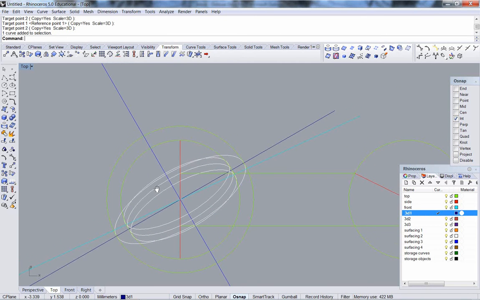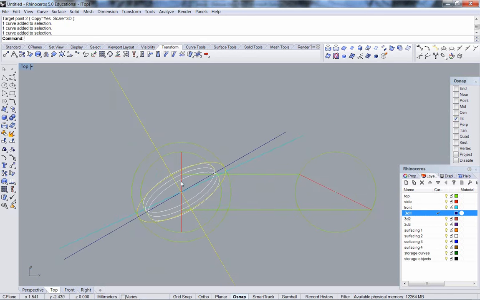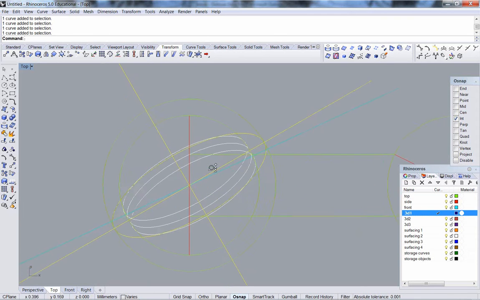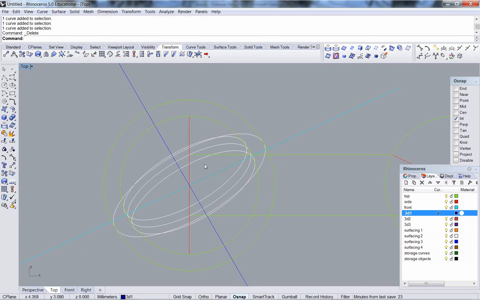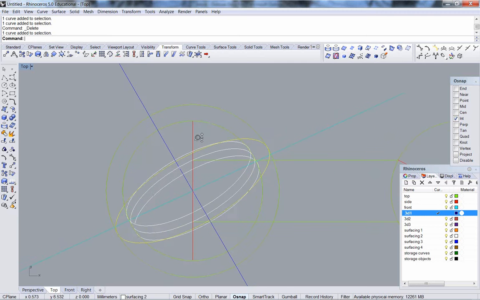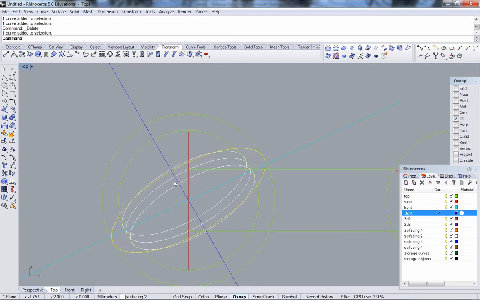Okay. This is going to have the exact same axes as this. These ellipses share the exact same axes, which is why I can now use the same drawing axes for this large ellipse, because it's based on the same information.